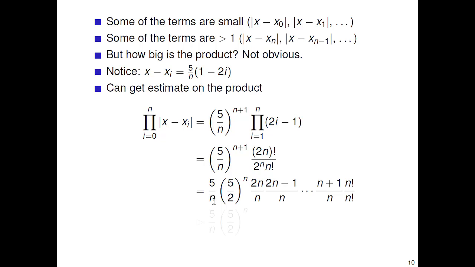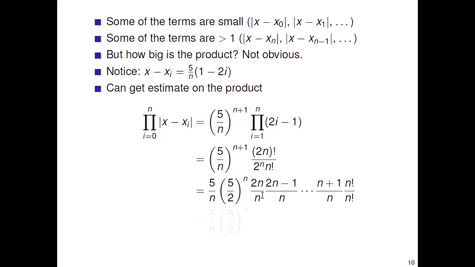The last one stays out here. I'll pull a 5 out. I have 2 to the n here. I have 5 to the n left here, so that goes in this fraction. So what do I still have in the denominator? I still have an n factorial. That goes here. In the numerator, I have a 2n factorial: 2n times 2n minus 1, 2n minus 2, etc., times n factorial.